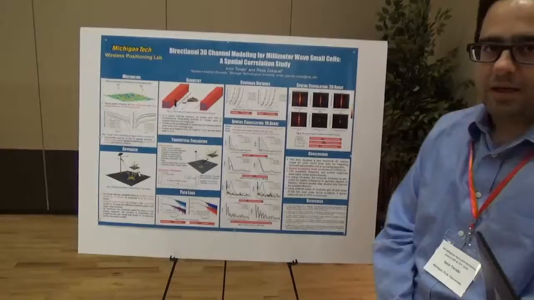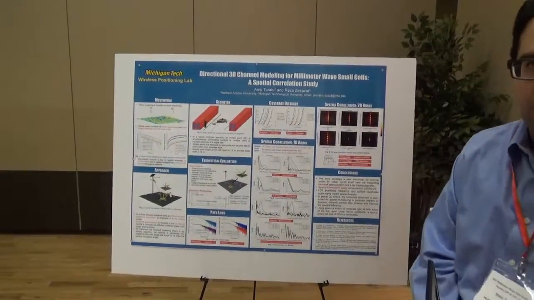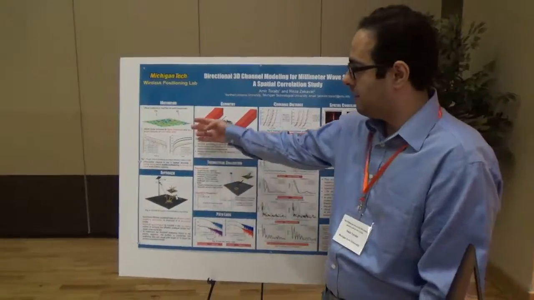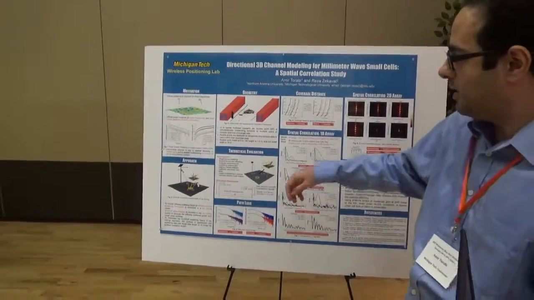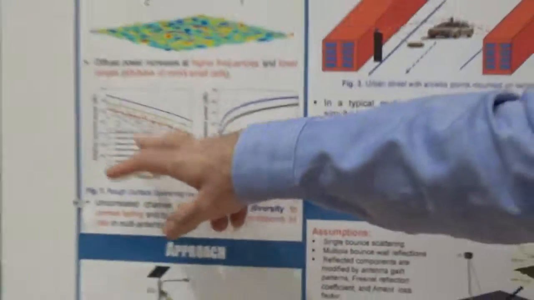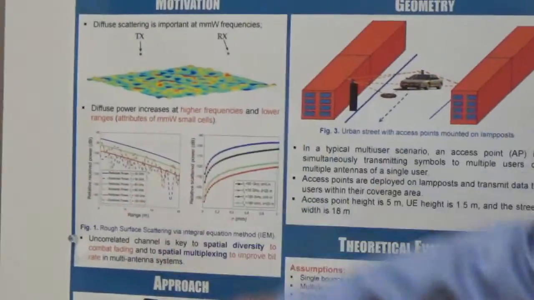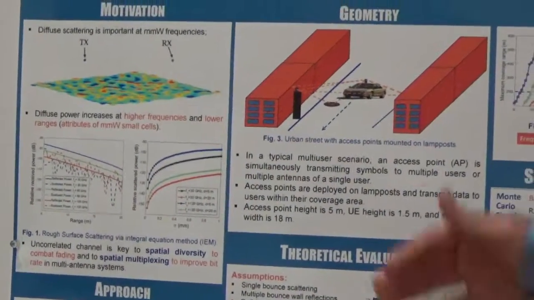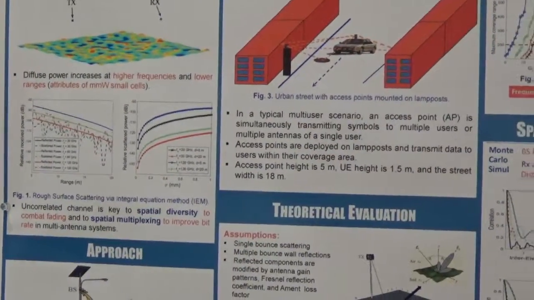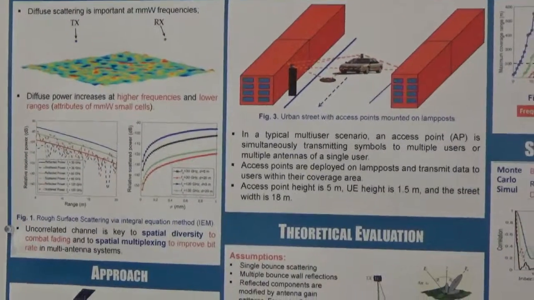In this study, I'm studying the impact of diffuse scattering for millimeter wave channel modeling. This is a rough surface, and we studied using the integral equation method that at millimeter wave frequencies, the diffuse component becomes comparable to and even exceeds the reflected power. Therefore, we have to include the impact of diffuse scattering in our millimeter wave channel model.